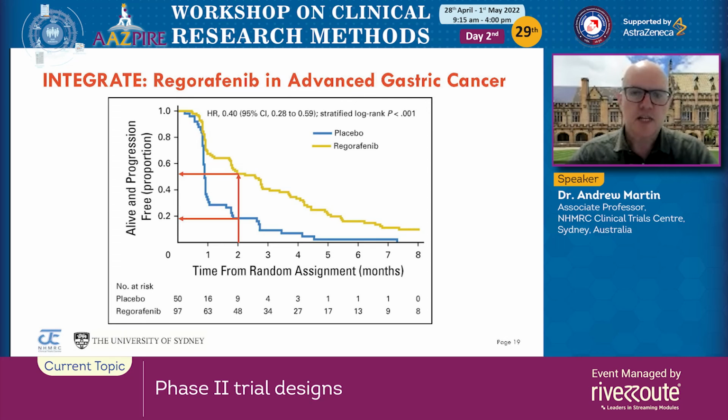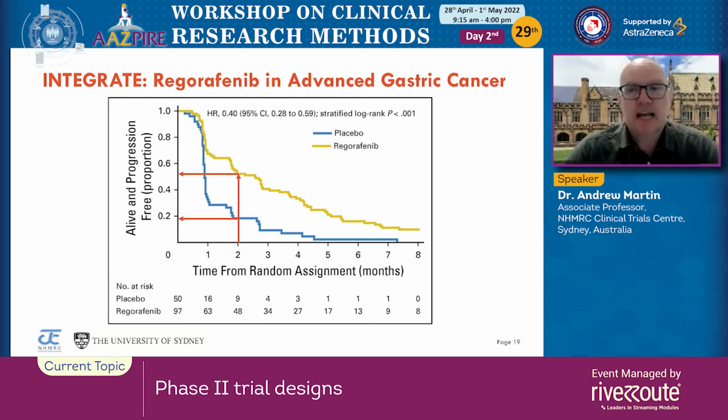But because we could see that actually following through on that design would be silly, because our benchmark of 2-month PFS of 50% was so wrong, we were able to make a strong case for a head-to-head comparison, and we obtained a very small p-value for that comparison, very compelling evidence that Regorafenib had activity.